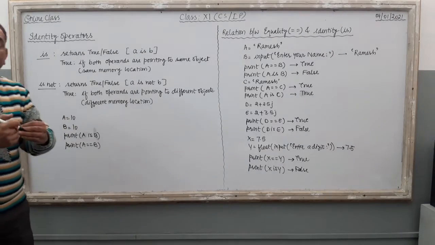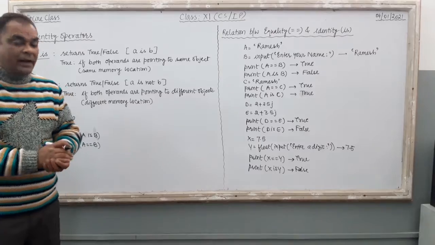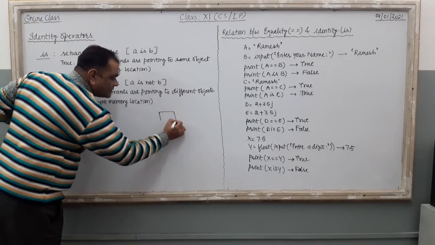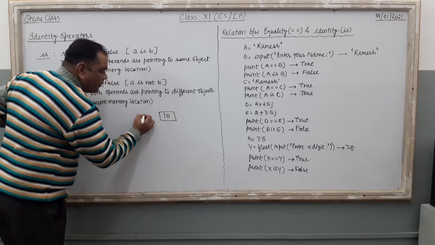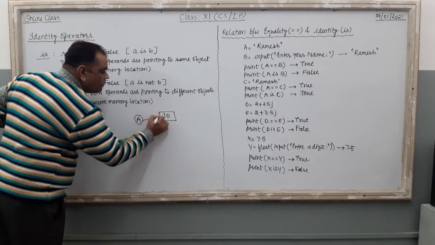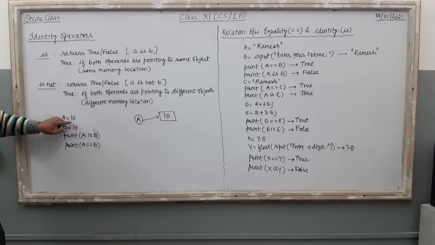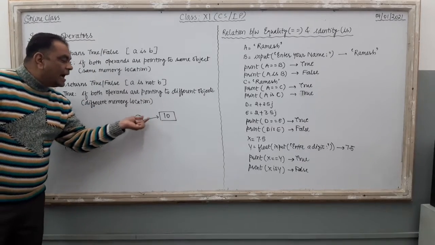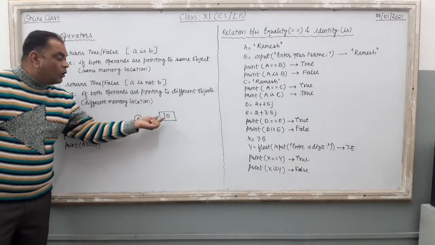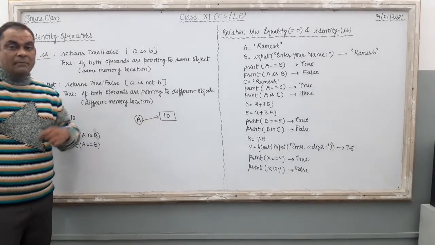What will happen inside your computer's memory? A equal to 10 means what? The computer stores this 10 in binary format into a slot of memory, and here A equal to 10 means A identifies 10. The label A is pasted on the value 10 inside the memory.